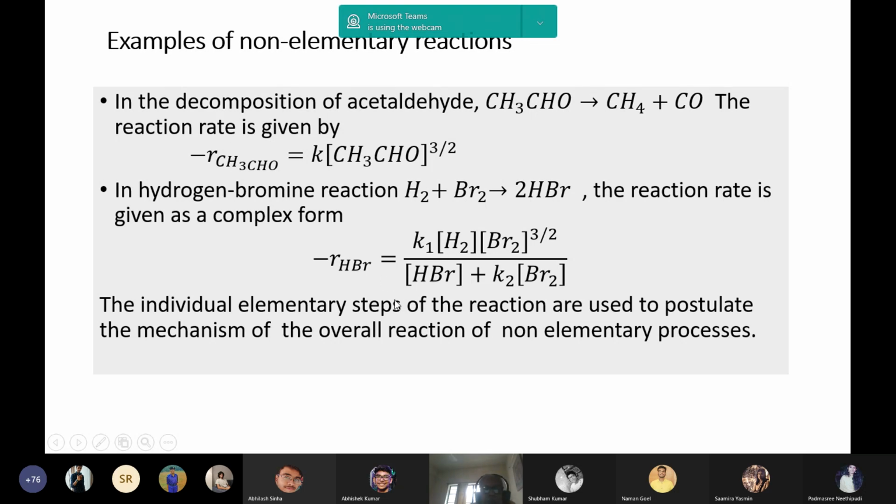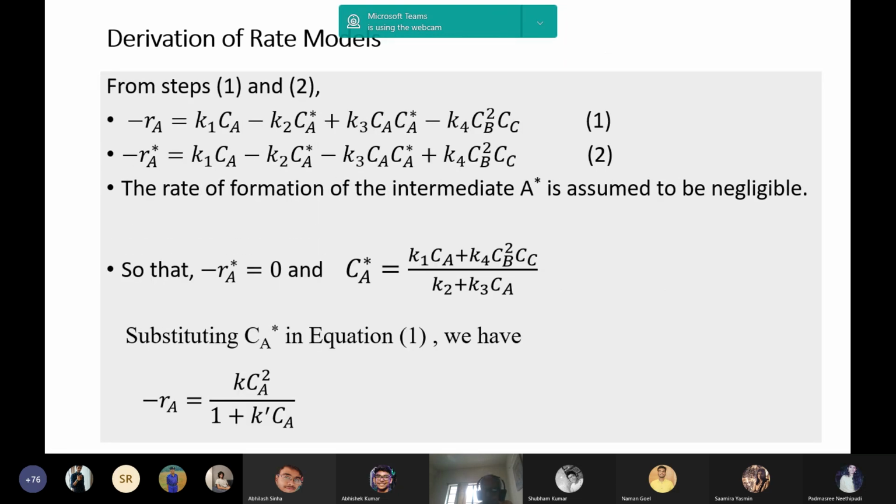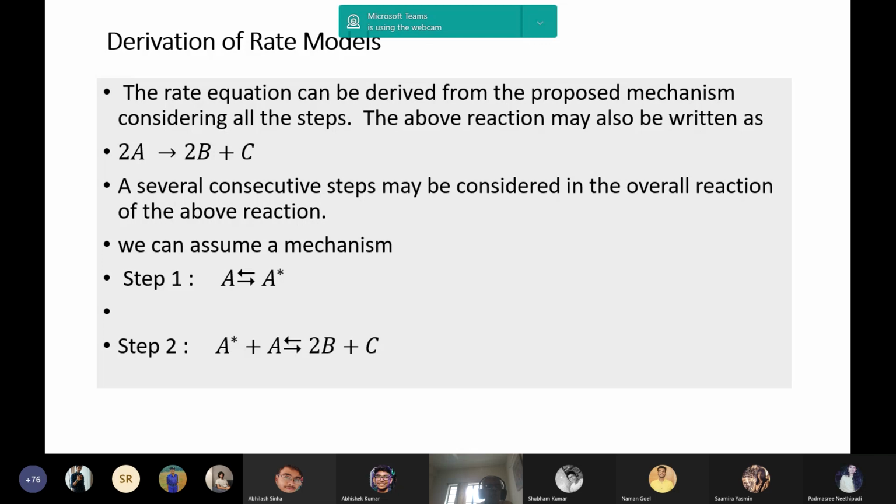The individual elementary steps for the reactions are required to derive this rate equation. For this mechanism, I have the derivation of rate models. Say the reaction is 2A to 2B plus C. Step 1: A giving A star, the activated state.